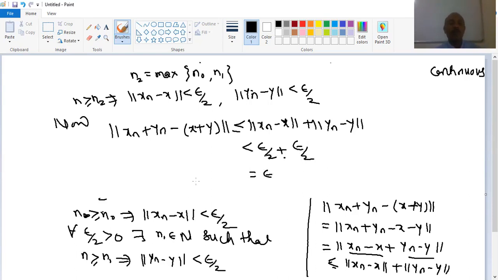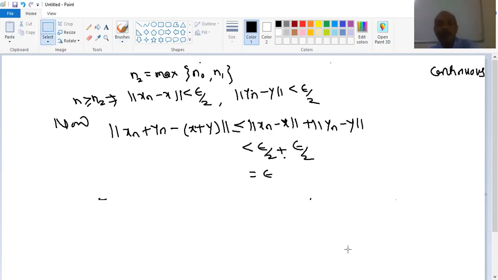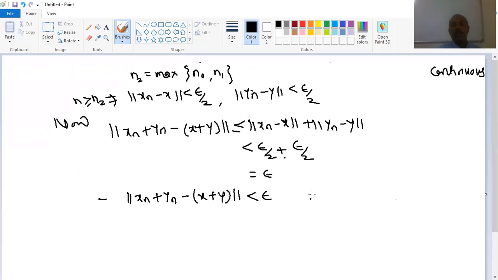Now here again, therefore norm of xn plus yn minus (x plus y) is less than epsilon for n greater than or equal to n2.